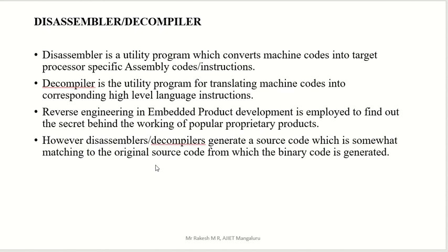However, a disassembler or decompiler generates source code which is somewhat matching the original source code from which the binary code was generated. Binary code means the output code, machine code. We got machine code by using a compiler. A decompiler takes machine code and gets back the original code, that is reverse engineering.